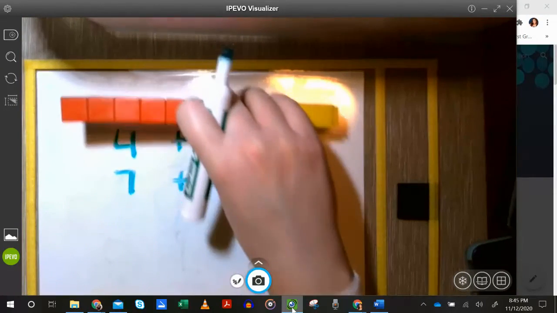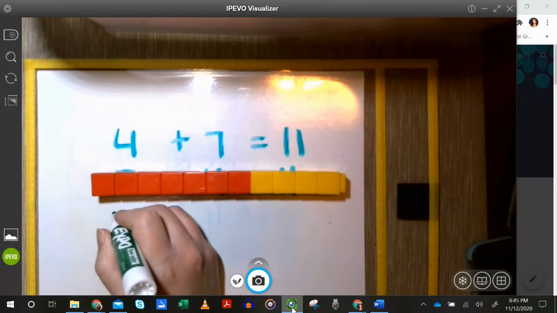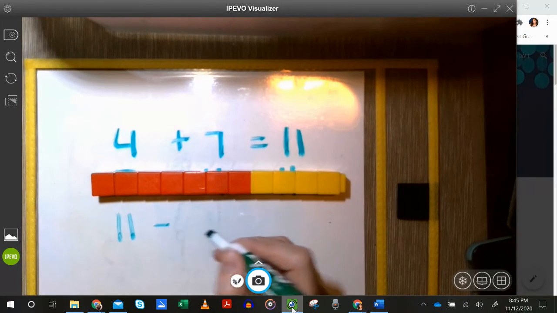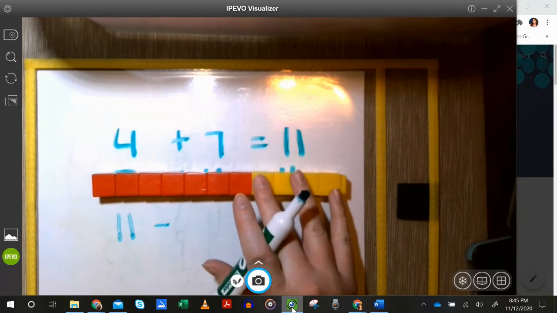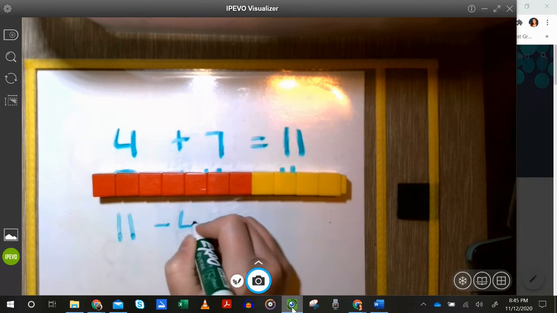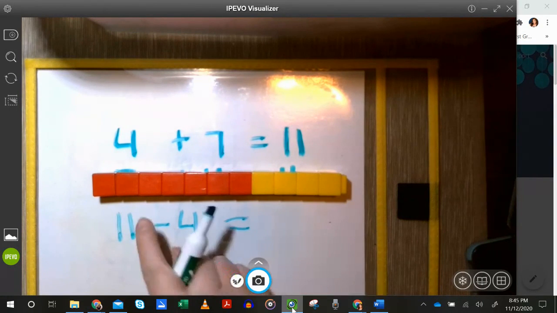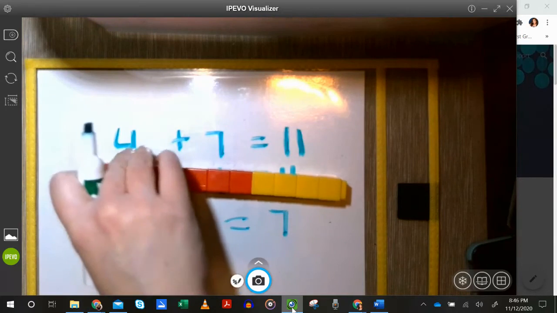Okay, can we see subtraction from this? If I know my whole is 11, but I remove the yellows, if I say I have 11 cubes and 4 of them are yellow, how many does that leave to be red? 7.